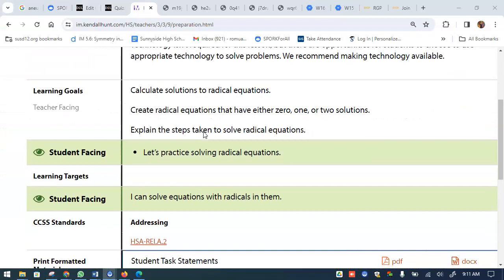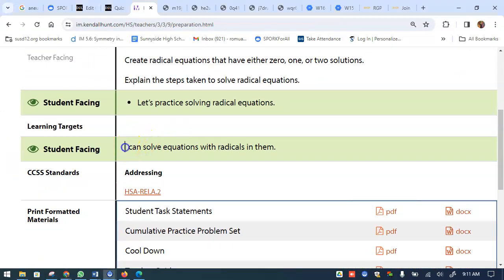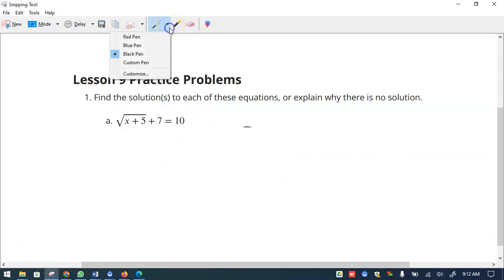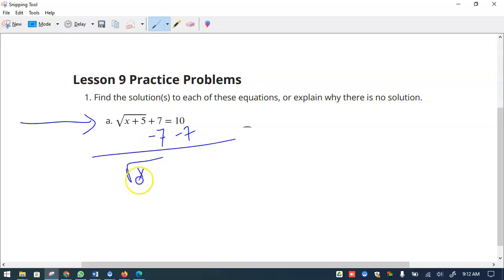So this is lesson number 9. The learning target is: I can solve equations with radicals in them. If you see the first one, you can see a radical in it; the equation contains a radical. I did some problems like this in the class. The first step, you subtract and drop down, you get the square root of x plus 5 equals 3, and then you square both sides.